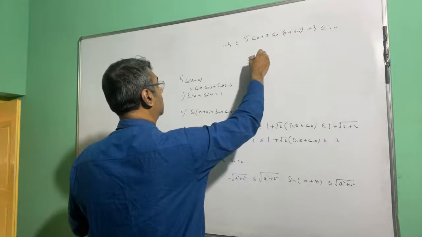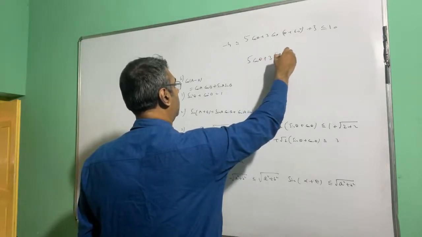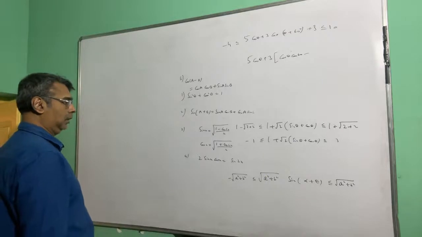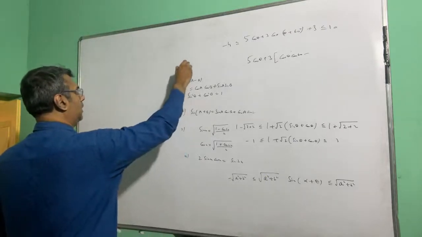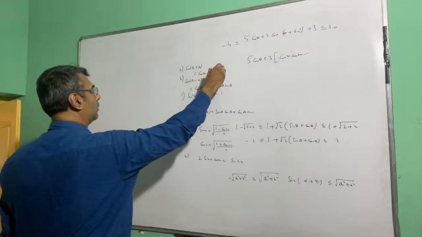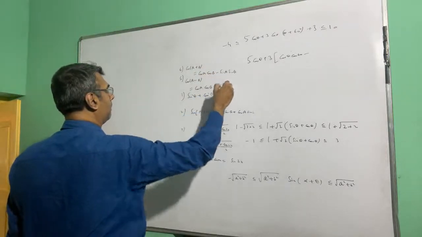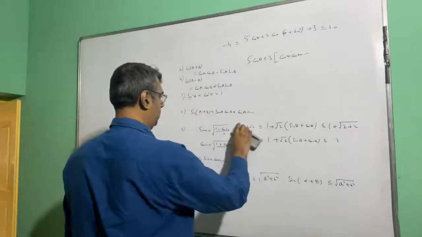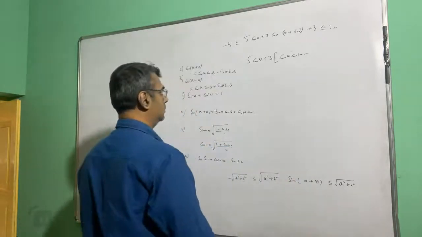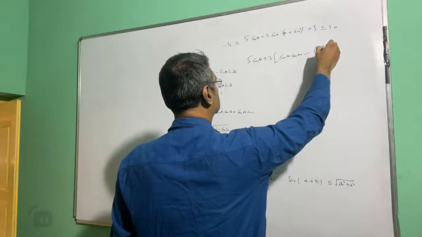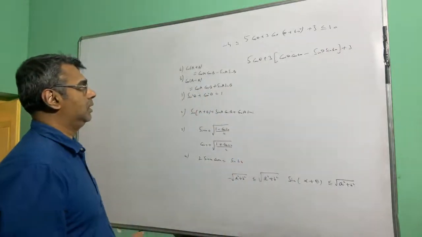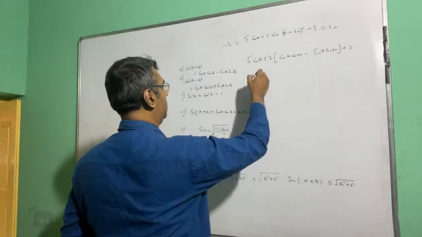So 5 cos theta plus 3 into, okay, now we'll have another identity, cos(A plus B), that is cos A cos B minus sin A sin B. Now this expression is 5 cos theta plus 3 into (cos theta cos 60 minus sin theta sin 60) plus 3.